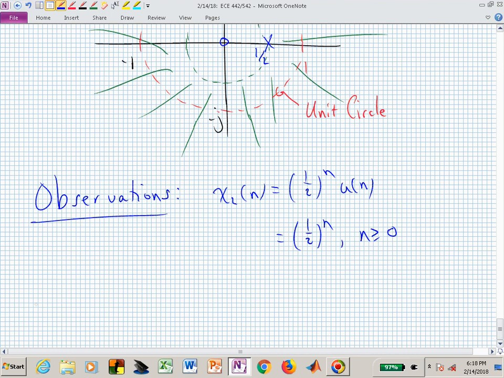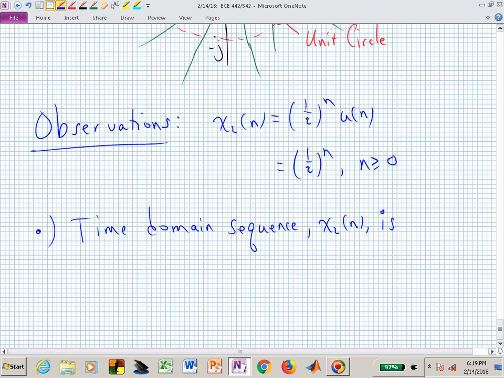And I hope that one is pretty clear that the time domain sequence x sub 2 of n is bounded or unbounded. That one's bounded. Or if it corresponded to a system's impulse response, it would be a stable impulse response.